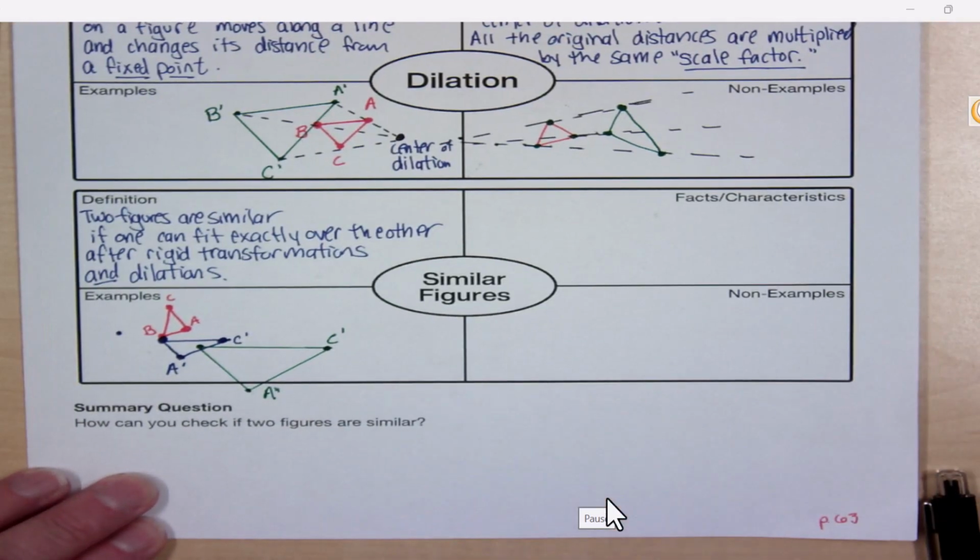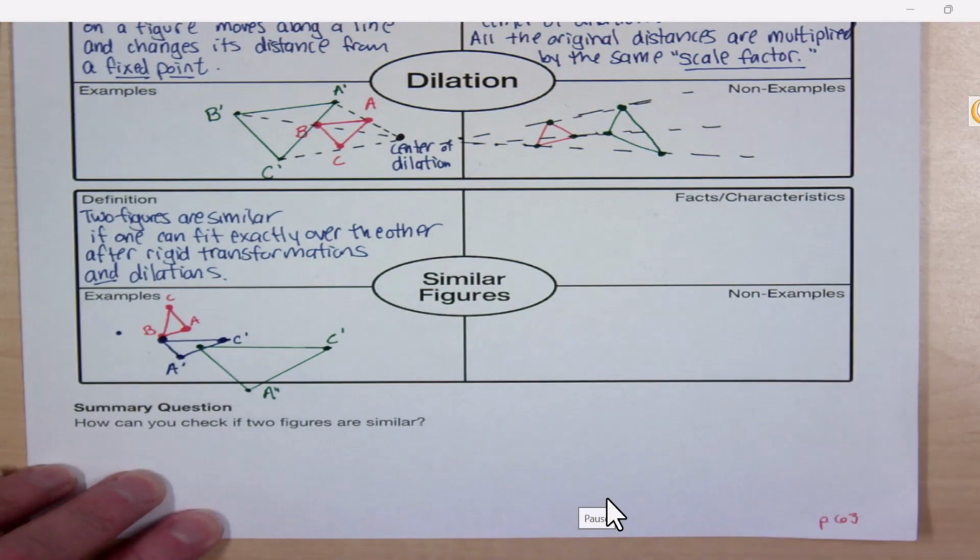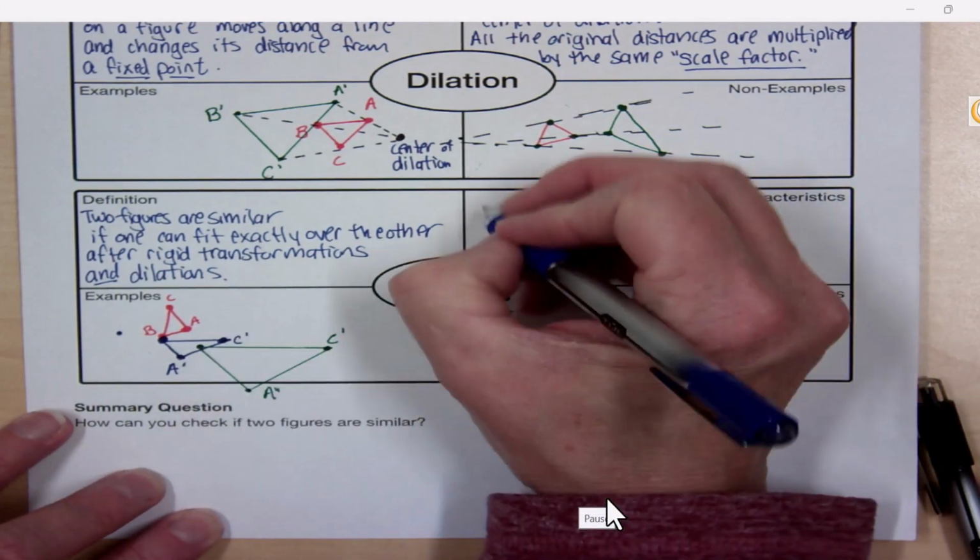Some quick facts and characteristics about that. If ABC is rotated around point B, let's just describe what I did.